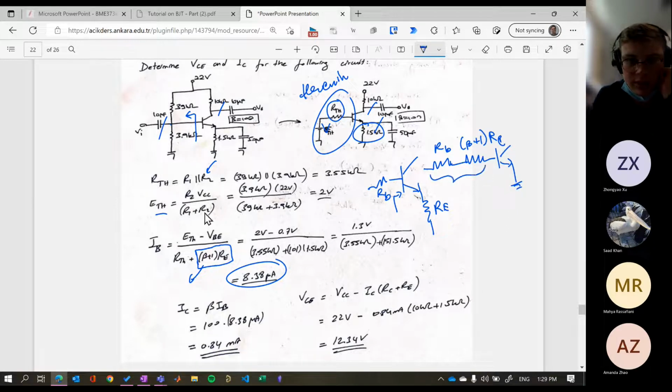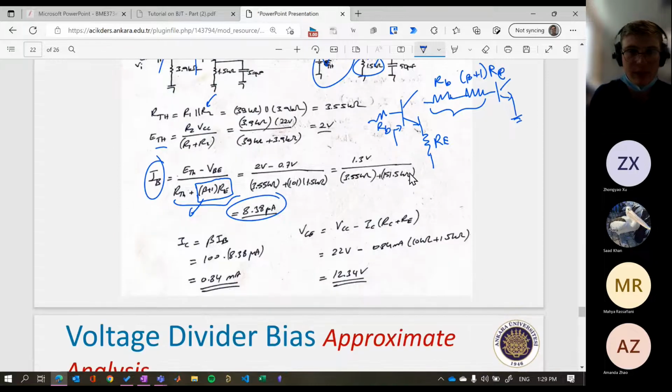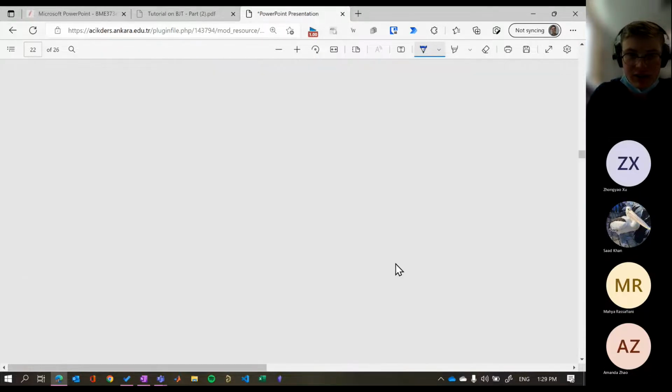So this can be used in calculating IB, and that could be really handy. It does sometimes play a role, reflecting your emitter resistance into the base using this beta plus 1, so I would definitely add that to my arsenal. Then we're assuming that we're in forward active, so we can use IC as beta IB, and we calculate a value for IC.